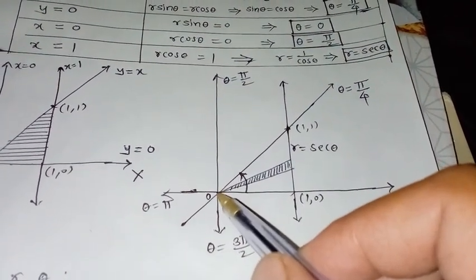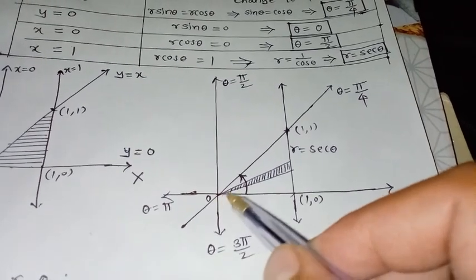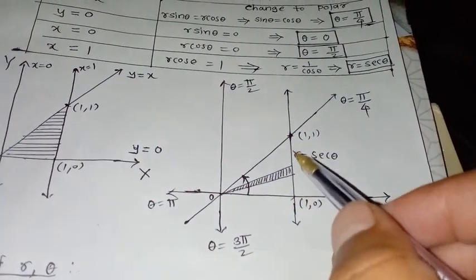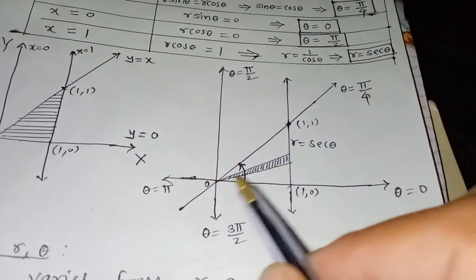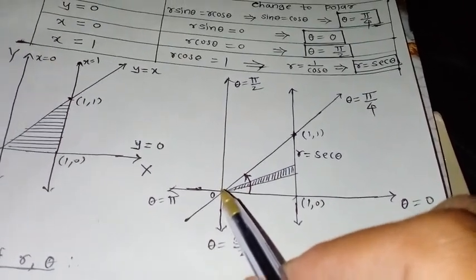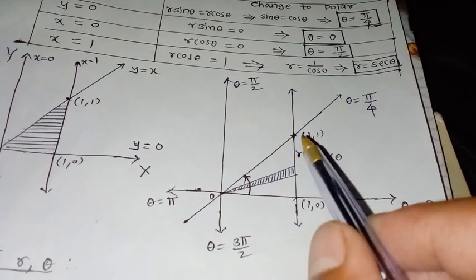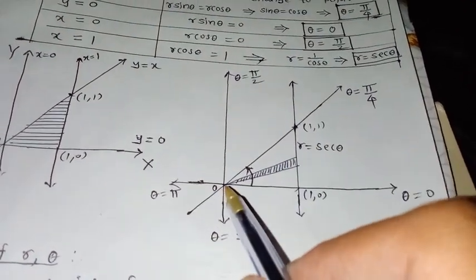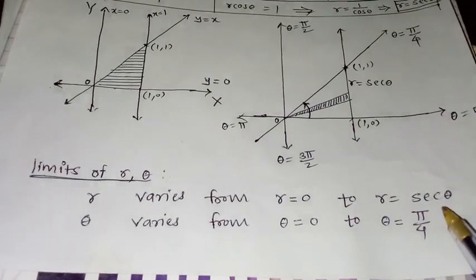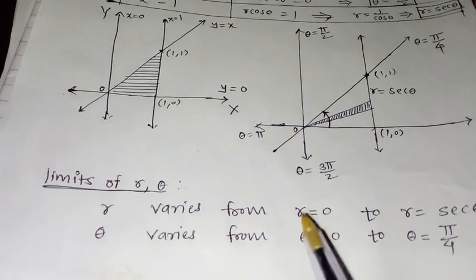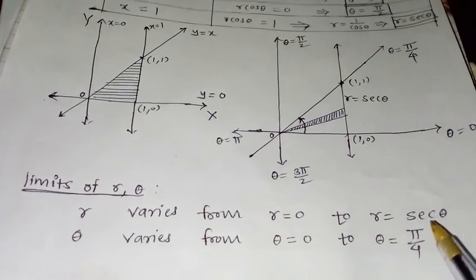Therefore r starts from r equals 0 and ends at r equals sec theta, along this strip. So r varies from r equals 0 to r equals sec theta.